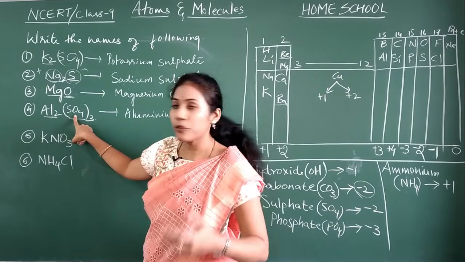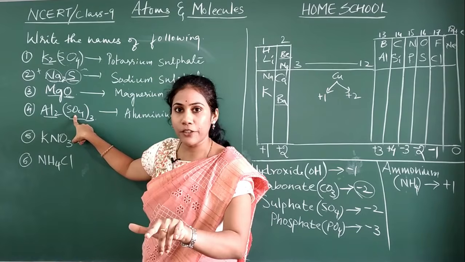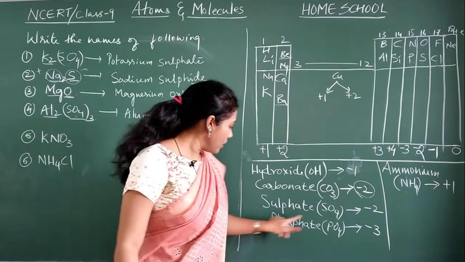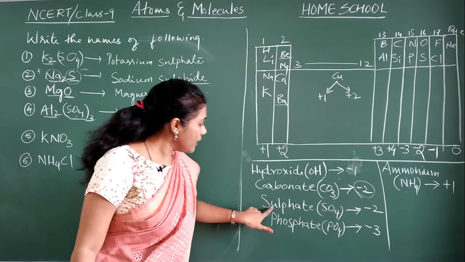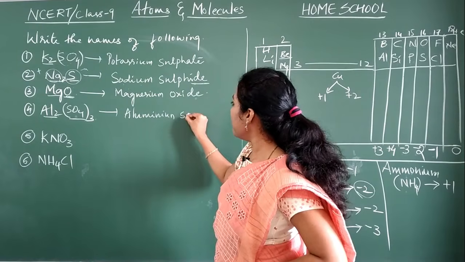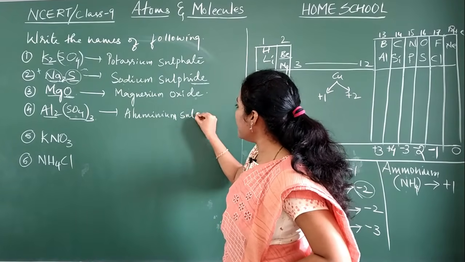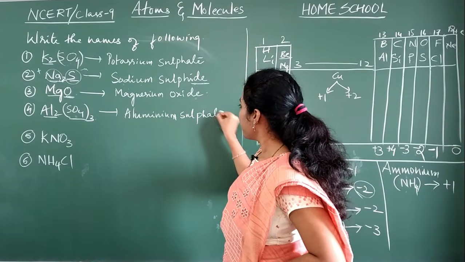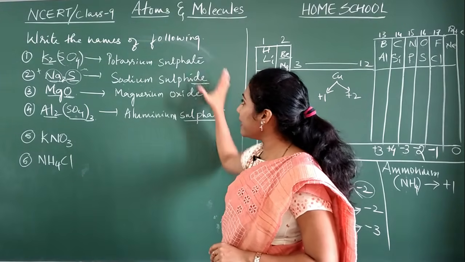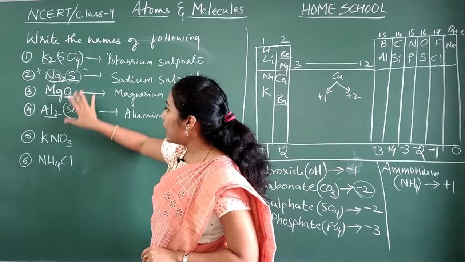But for a group, no adding IDE, though it is negative. Just write its name if it is a group. What is the name of SO4? Sulfate, isn't it? So write aluminium sulfate.